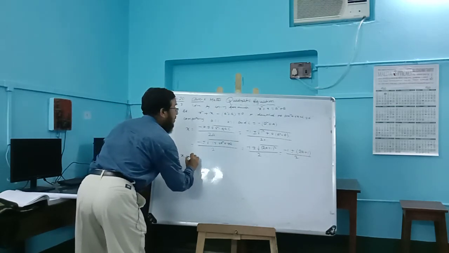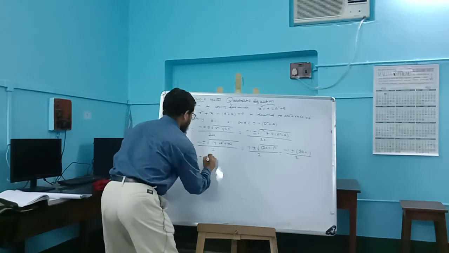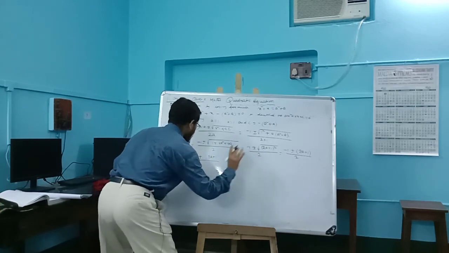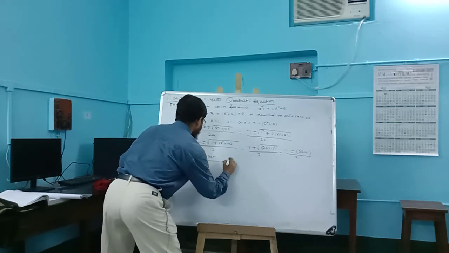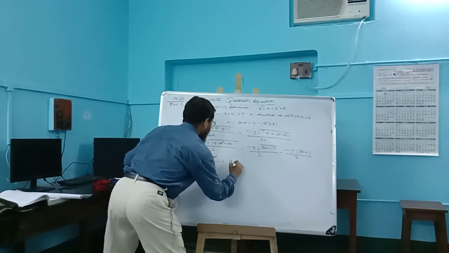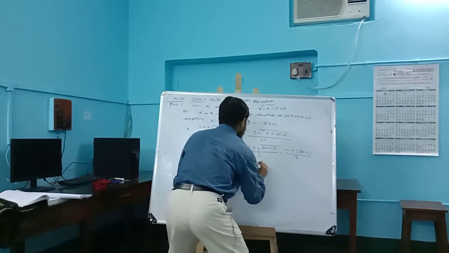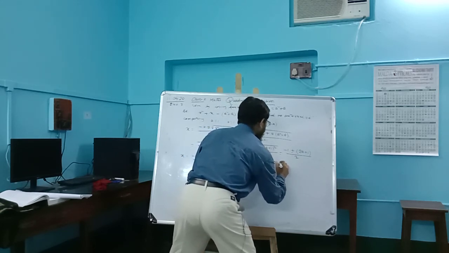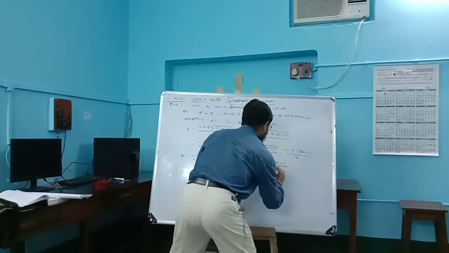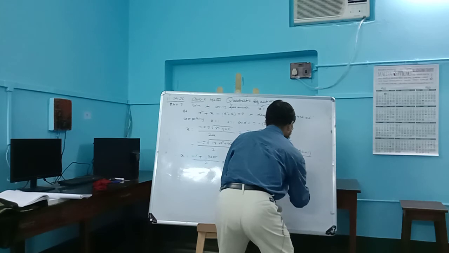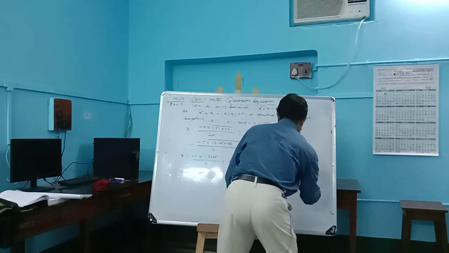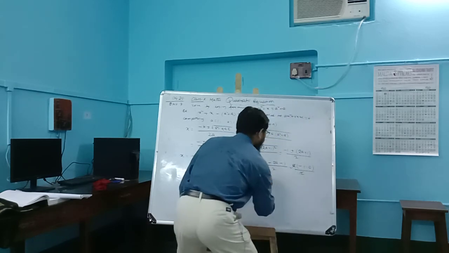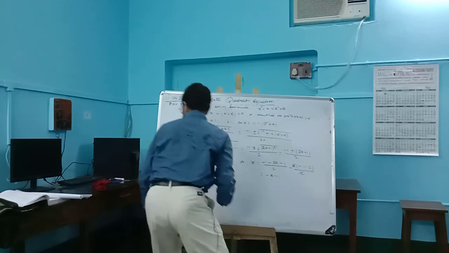Therefore, x equal to minus 1 plus 2a plus 1 by 2 equal to a, or x equal to minus 1 minus 2a minus 1 by 2 equal to minus 2 common, 1 plus a by 2, that's equal to minus a minus 1.